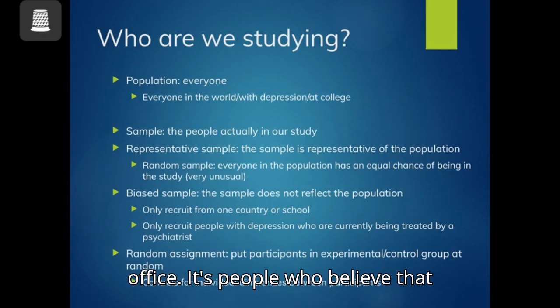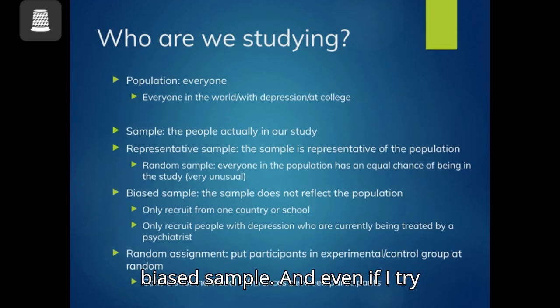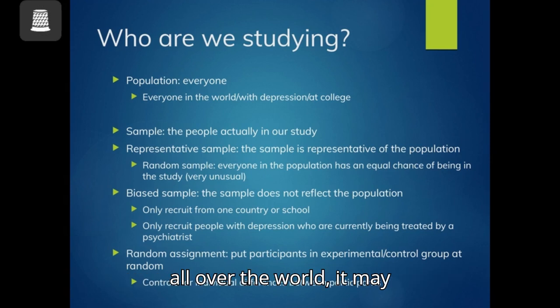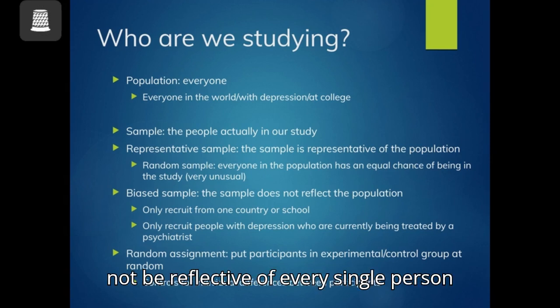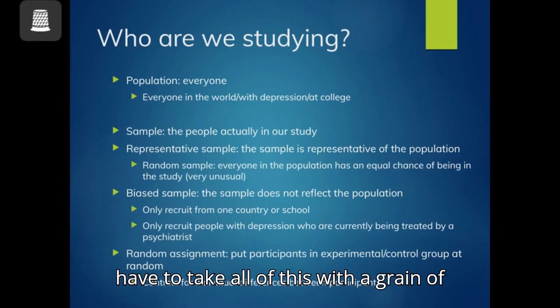It's people who believe that medication will work. And so this is a biased sample. And even if I try and collect people who have depression, who are seeing psychiatrists all over the world, it may not be reflective of every single person in the world who has depression. So I have to take all of this with a grain of salt.